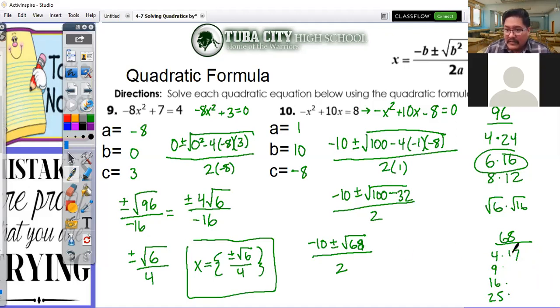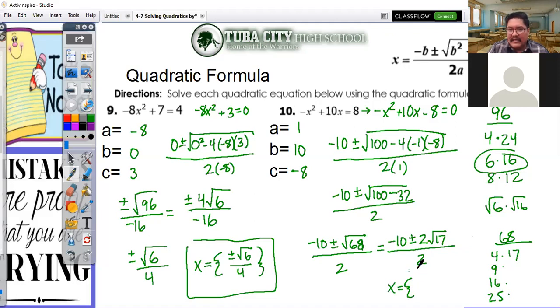Anyway, so 17 cannot be broken down anymore, so I'm going to have to leave that one as is. So negative 10 plus and minus, and I'm going to take the square root of 4, which is 2. 17 is going to stay in there because I can't take it out. And then from here, I would just divide everything by 2. So I'm ready to put my answer together.